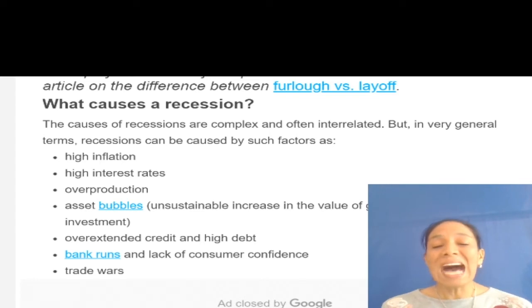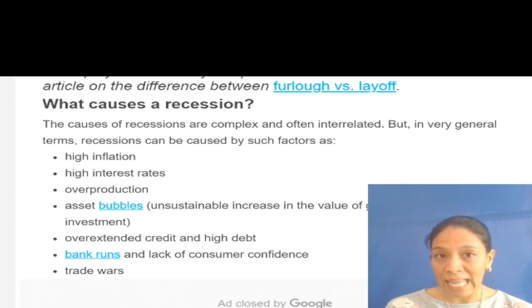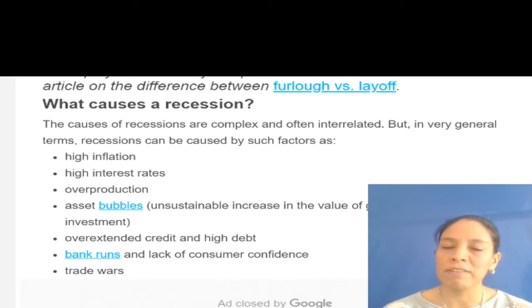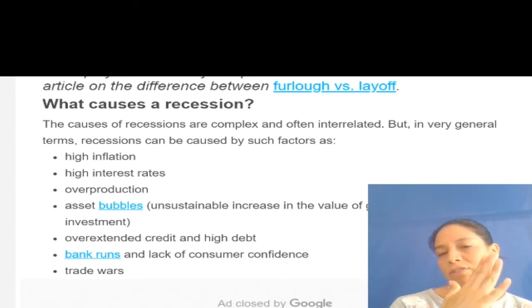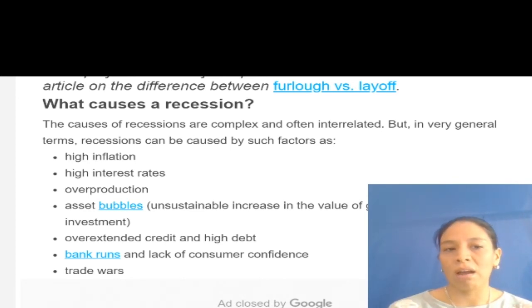Now, asset bubbles. We're going to explain that next class in more detail, speculations and bubbles, because these are economic terms that are very important for you to know. That's going to make you understand a lot of things. Just as a preview, a spoiler, bubbles have to do with speculation. People start perceiving that the economy is growing, let's say in that period of expansion within the economic cycle.